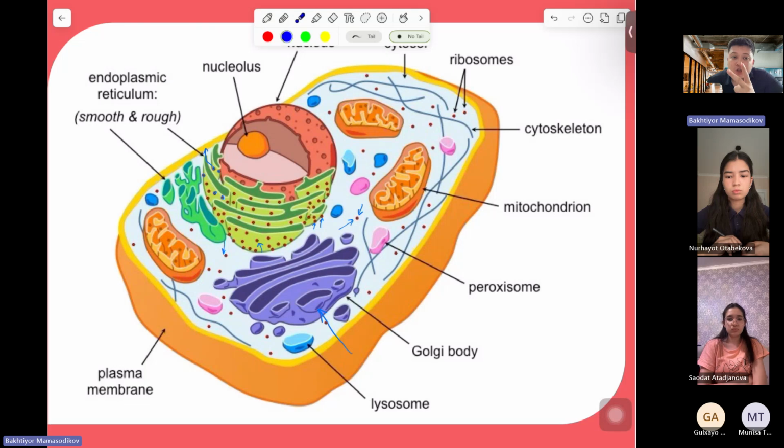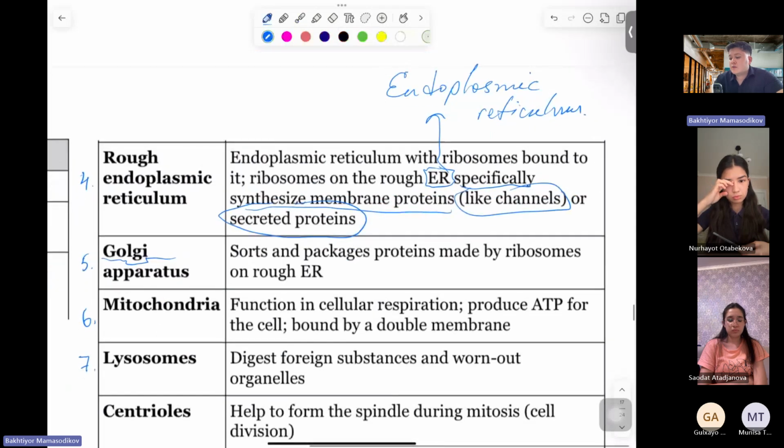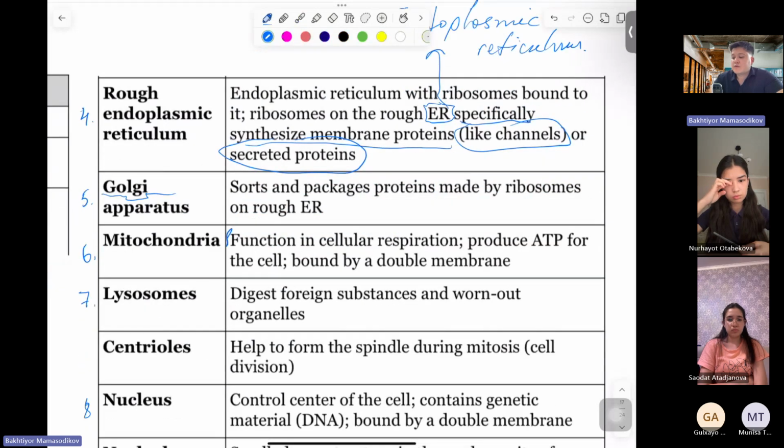Which organelle also has two membranes? Nucleus, and chloroplasts in plant cells. Good. If I ask what mitochondria is, you have to say it functions in cellular respiration, produces ATP for the cell, and is bound by a double membrane.